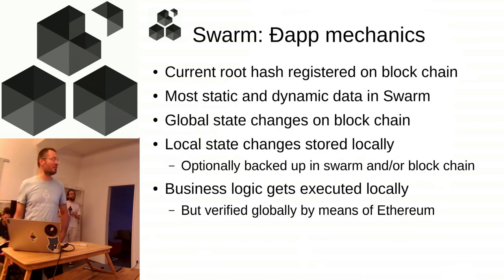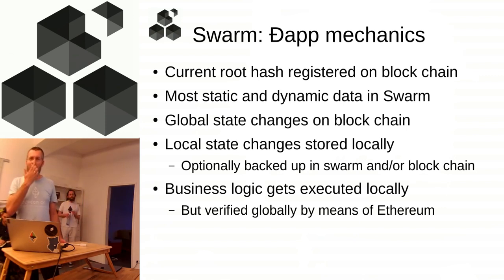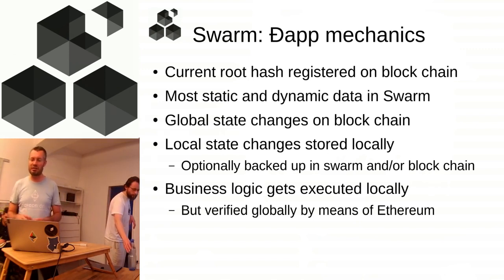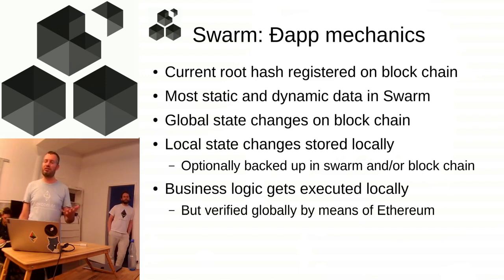So how the developer is going to see it. How a distributed application is built, how it functions. First of all, once you develop it and upload to Swarm, and as a developer you're happy with how it works, then what you need to do is take the root hash of the entire file system that comprises the files of your application, all the static data, sorry, not the dynamic ones, and you register it on the blockchain, which binds it for everybody else to some user-memorable name.